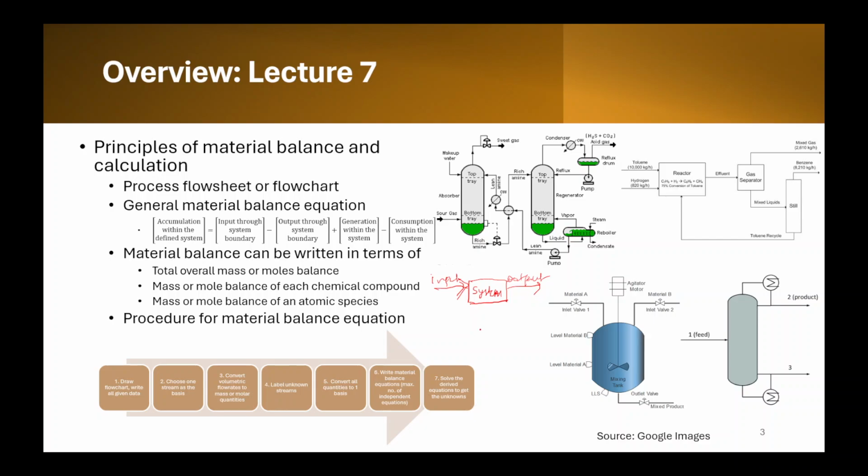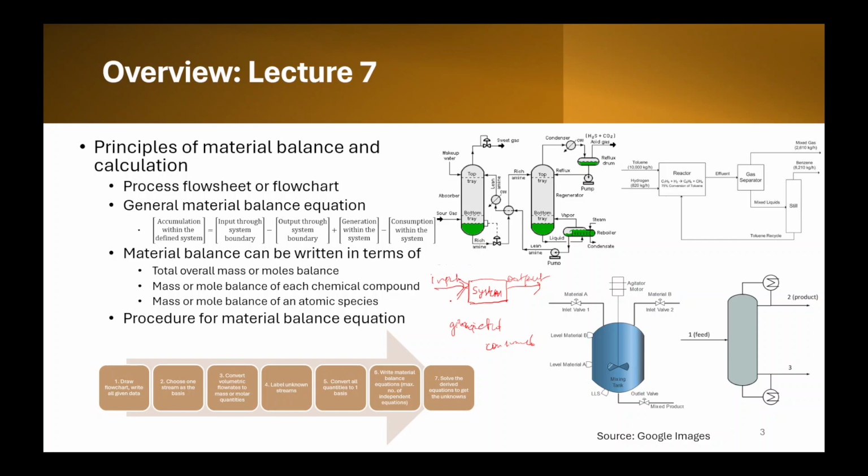If in the system a reaction is also occurring, then in this system itself, some material will be generated. It may not be the same material, and some material will be consumed. Suppose some reactants are flowing in, the reaction is occurring here, and the products as well as the unreacted reactant are coming out.